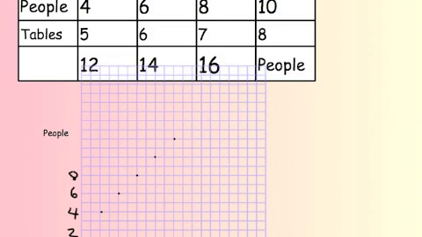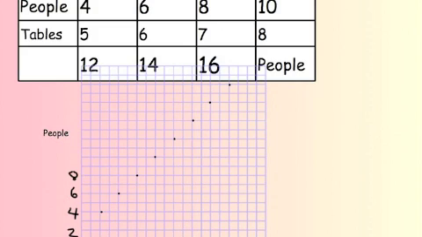So my next question for you to think about is, as you've learned in your previous math courses, that sometimes you need to connect the dots. In this particular case, we are not going to connect the dots. The reason is because we can't have 1.5 tables.